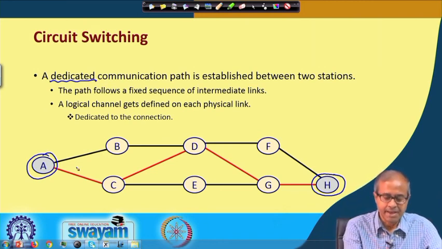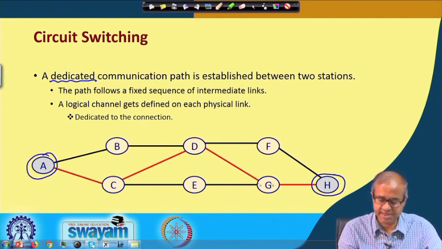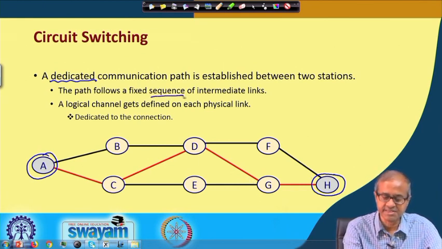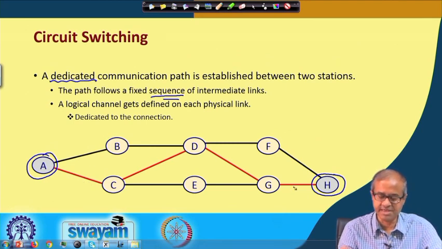Okay. And as you see, the path that we are selecting will follow a fixed sequence of intermediate nodes or links through C, D and G.